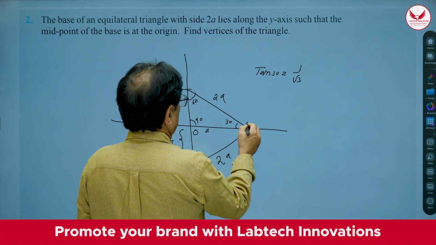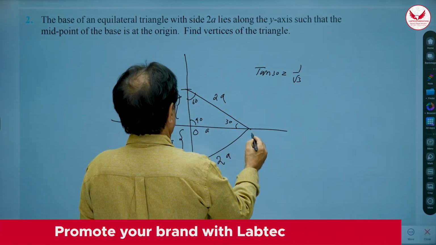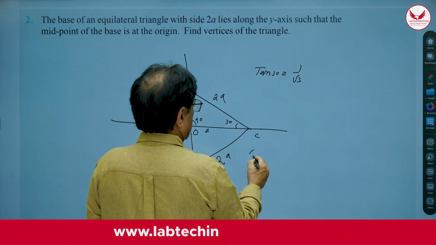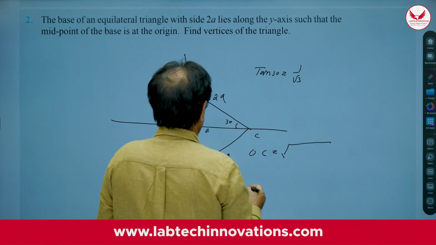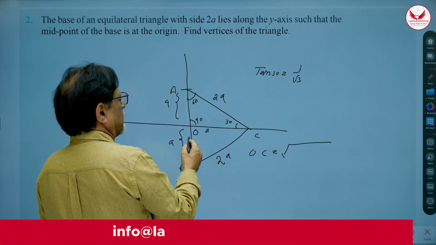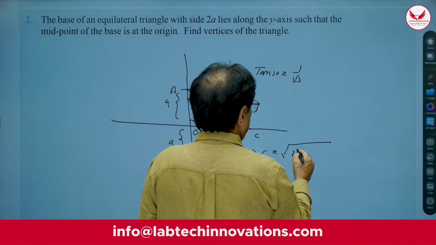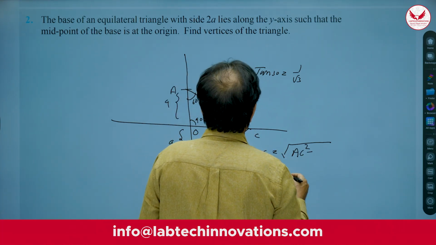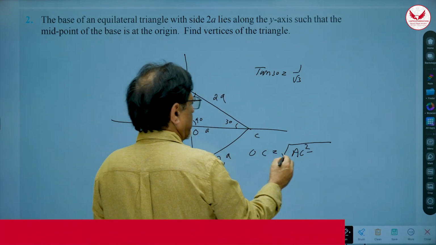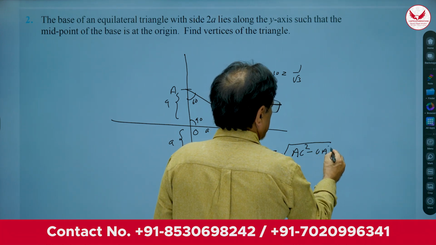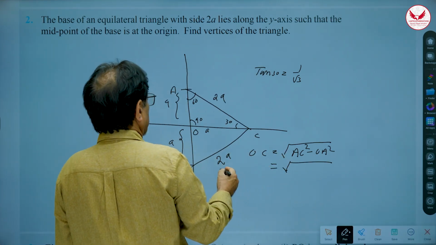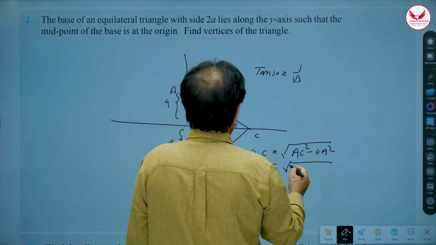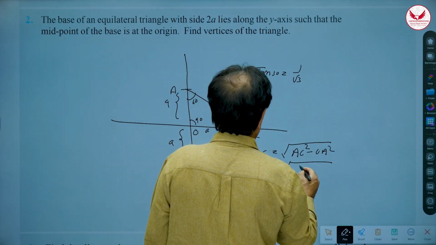So it's a right angle triangle. So if I want to find out OC, right? Then OC is always equal to under root AC square minus OA square. That is nothing but law of Pythagoras. Okay. So AC we already know is 2A.